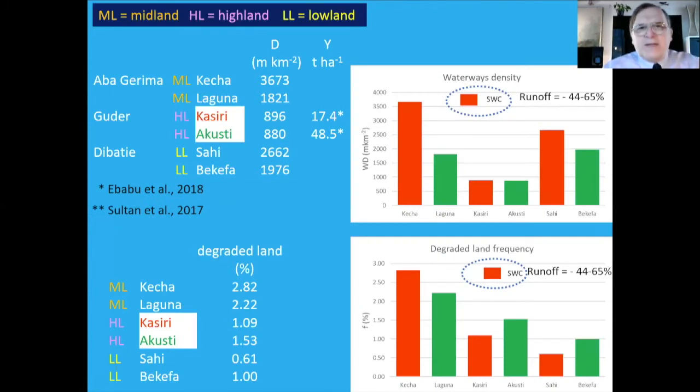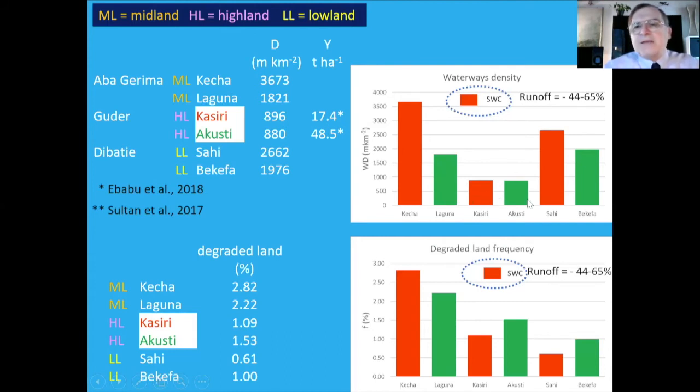The result of this analysis tells us that the density of waterways is much higher in the treated catchment of Abagerima compared to the untreated catchment of Laguna.